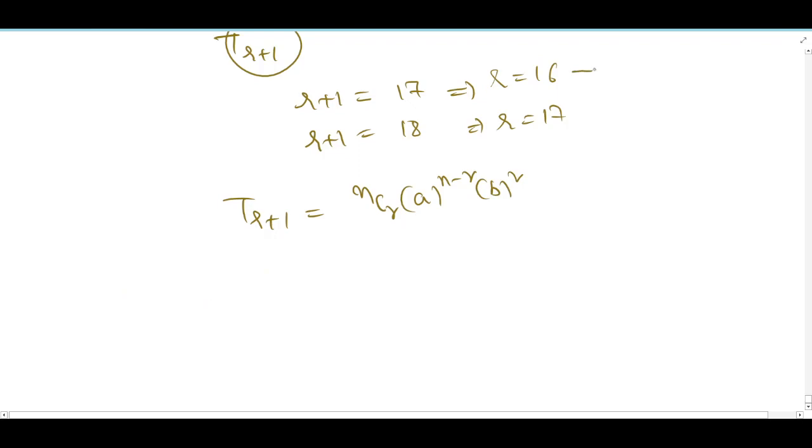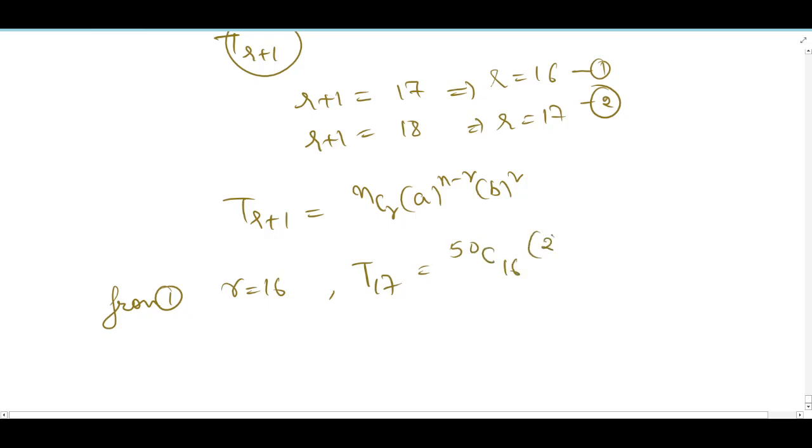From the first, r is 16, so we get t17 is equal to 50C16, where a is equal to 2, 2 to the power 50 minus 16, and the second number is a.